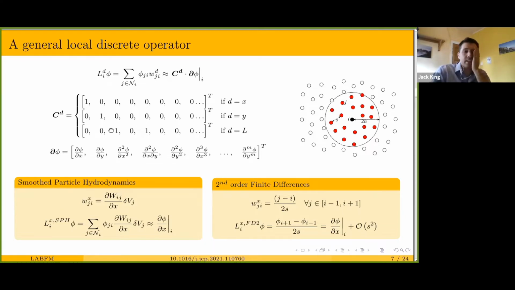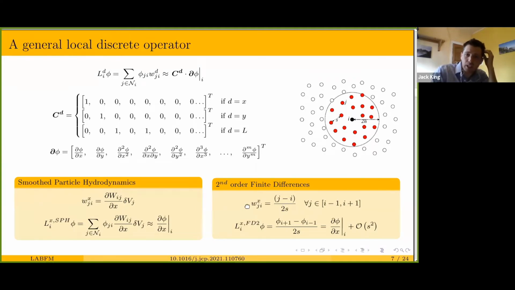So I refer to this as a general discrete operator because it can represent a range of methods. It has the same form as the antisymmetric SPH gradient operator that I've been using in incompressible smoothed particle hydrodynamics. In that case, the weights w_ji are just equal to the kernel gradient multiplied by a particle volume.